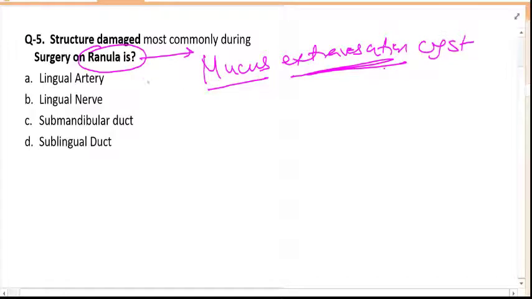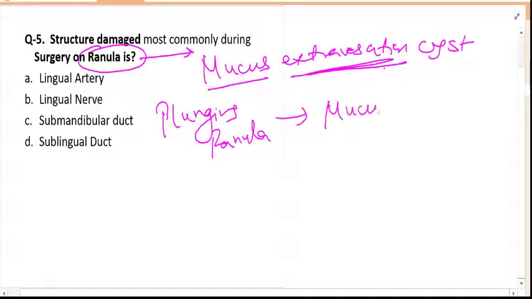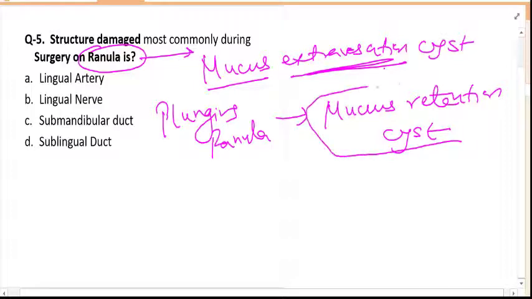There is one more type of ranula known as plunging ranula. If they are asking about plunging ranula, then this is a mucus retention cyst in relation to the sublingual as well as submandibular gland. So just remember, ranula is mucus extravasation, plunging ranula is mucus retention cyst.